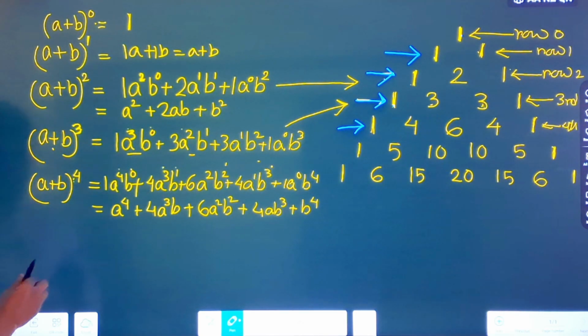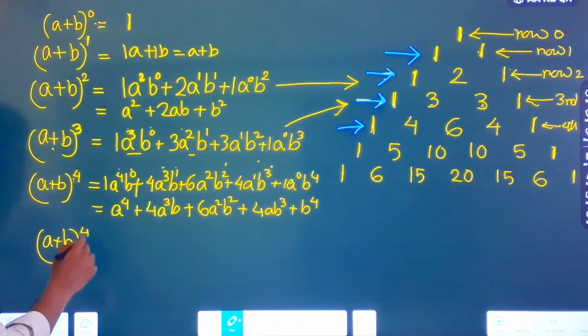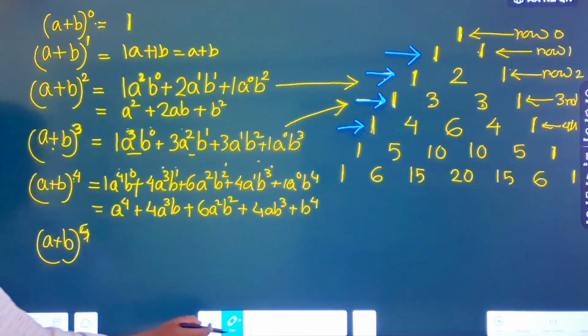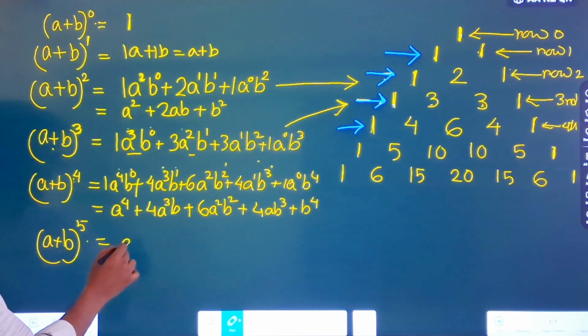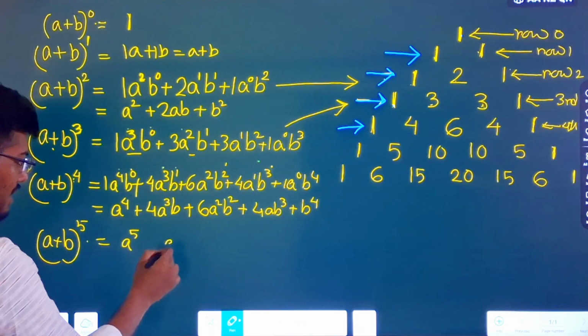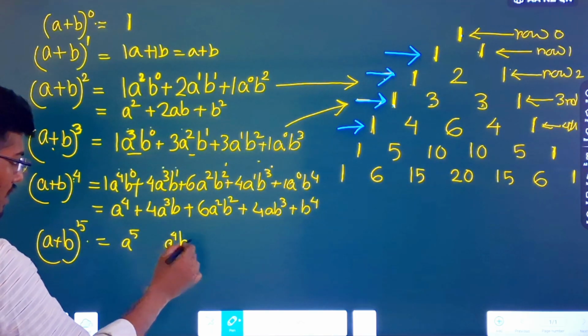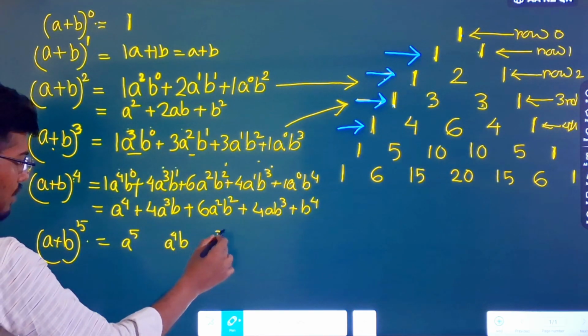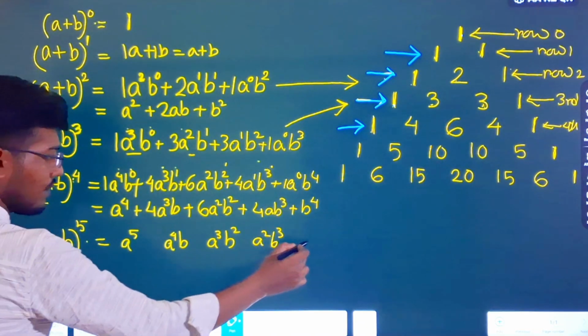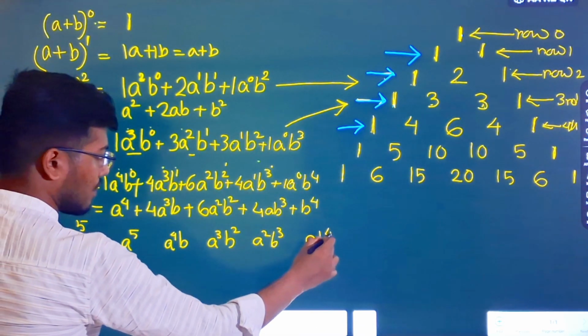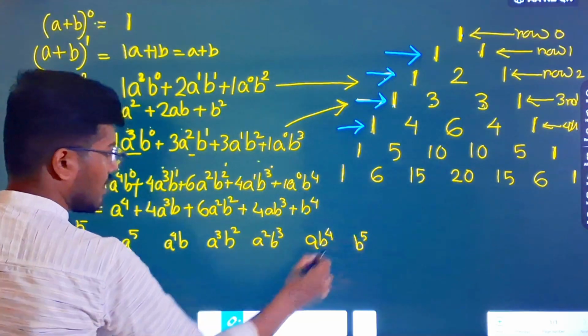In the next line I write in a similar way, (a + b) whole to the power 5. So what is the answer? The answer is at first a to the power 5, then the power of a decreases, that means a to the power 4 b, a cube b square, a square b cube, a b to the power 4, b to the power 5.